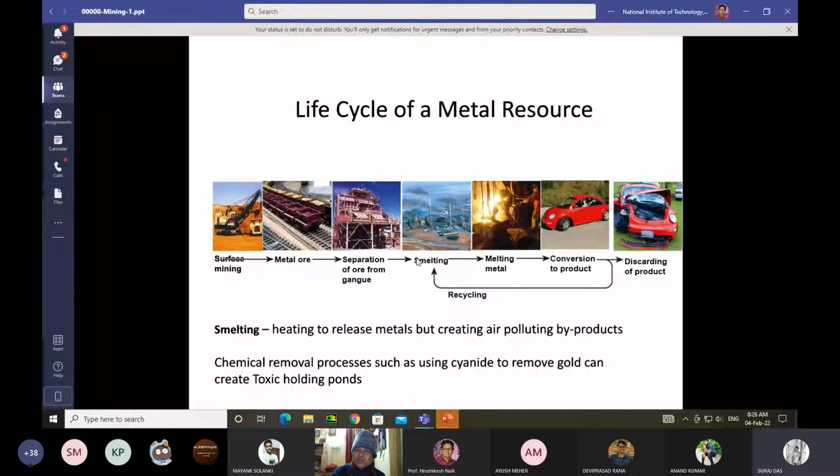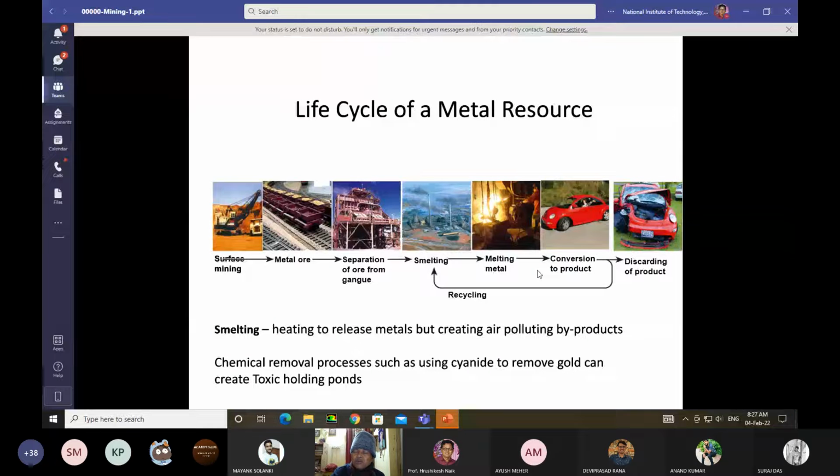So smelting is done to make it pure, by removing some impurities associated with it. After these impurities are removed, it will be melted in the melting plant to get the metal melted, and after that it is converted to the end product, for example a car.